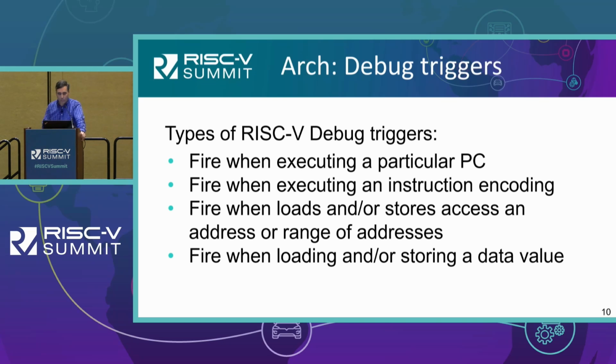You can also match particular instruction encodings if you want to stop once you hit a particular add instruction or something like that. There are load store triggers that fire when accessing a particular address or a naturally aligned power of 2 range of addresses. And you can also fire when you see particular data values being loaded or stored.